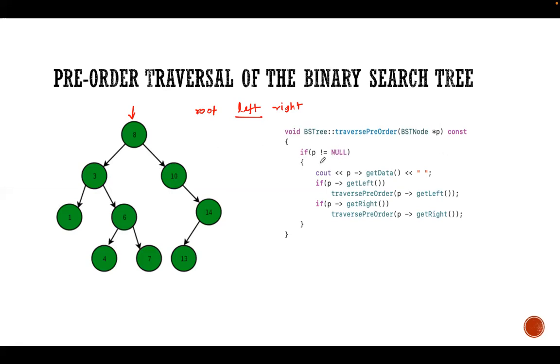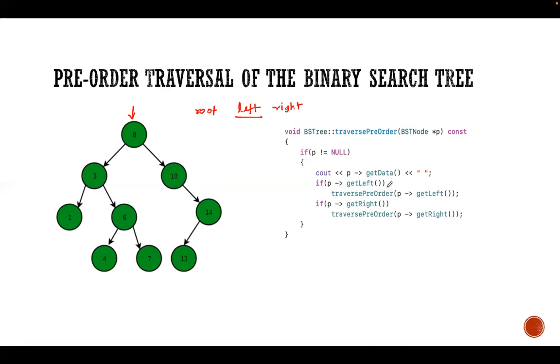So here you can see that the algorithm looks like this. Until the root is not null, we start from the root node. We read the root, we find the data and we read that. Then we go to the left. If left is not null, then we are going to do the same for the left subtree. So you can see that it's a recursive function.